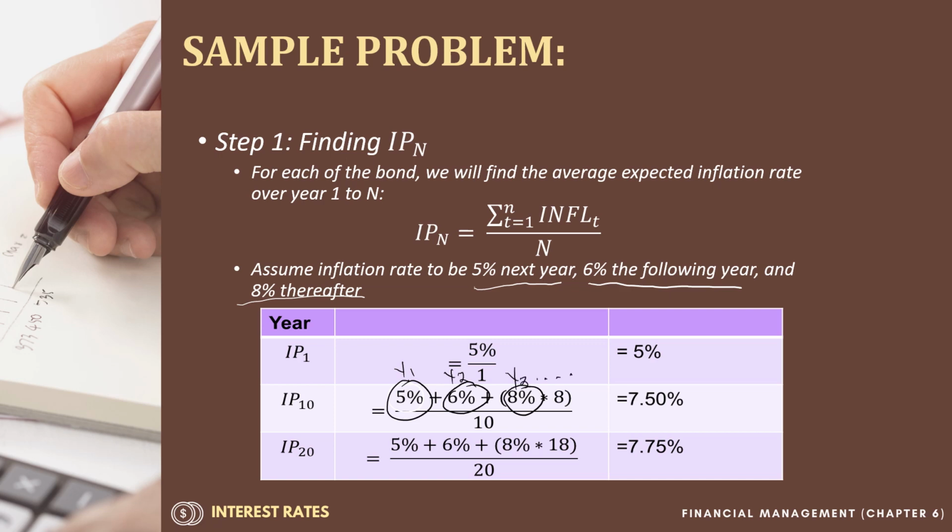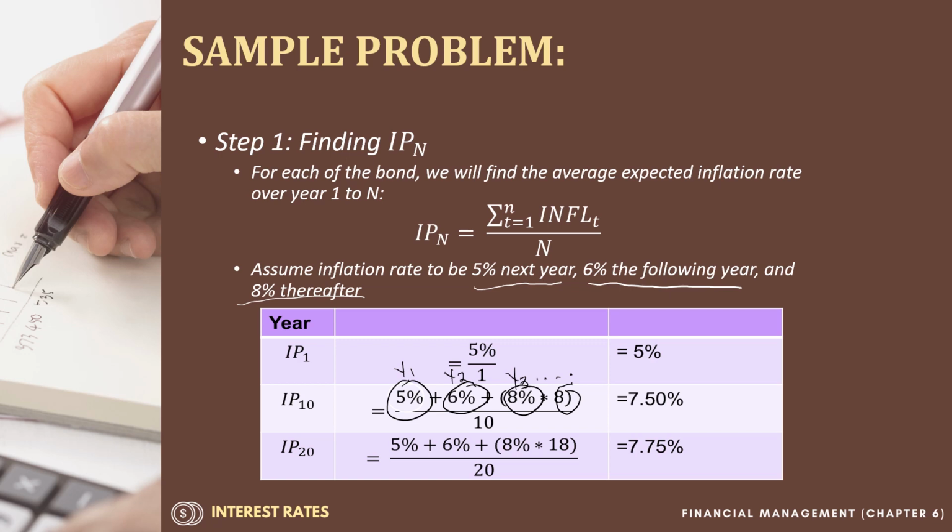Since we are looking for the inflation premium for 10 years, and we already have the inflation premium for the first 3 years, we only have to get the remaining 7. Since year 3 up to year 10, it is consistently 8% for the inflation premium. So basically, we have here 8 years for the 8%. So divide it by 10 years, we have here 7.5%.